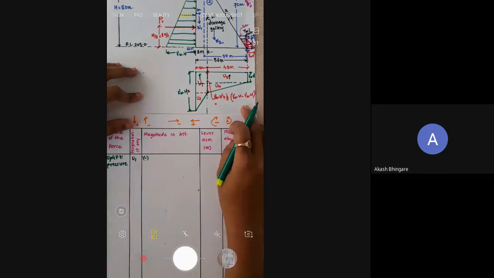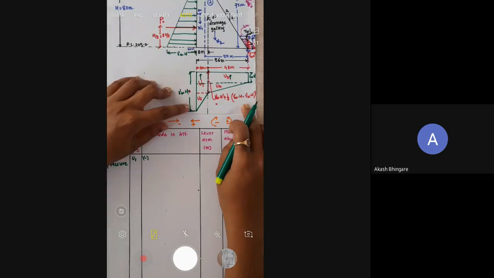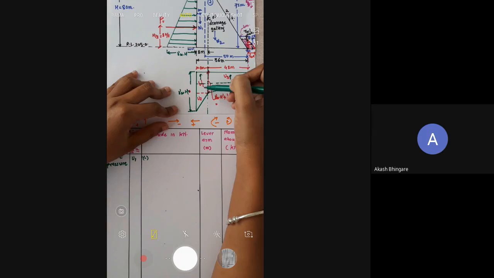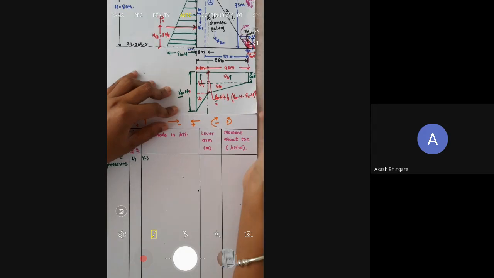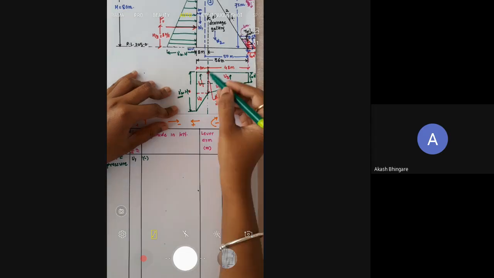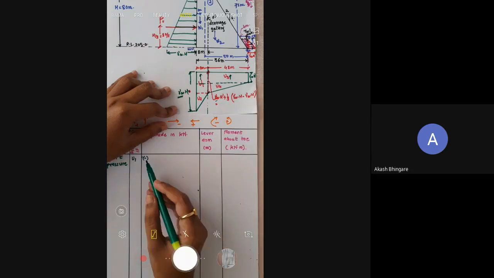Now, as in the first force, where we calculated the area and multiplied it with the unit weight of concrete, here this is the force exerted by water. We have already taken gamma W, the unit weight of water. You just calculate the area of this figure. That will be the uplift force, or the magnitude of that force in kilonewton.